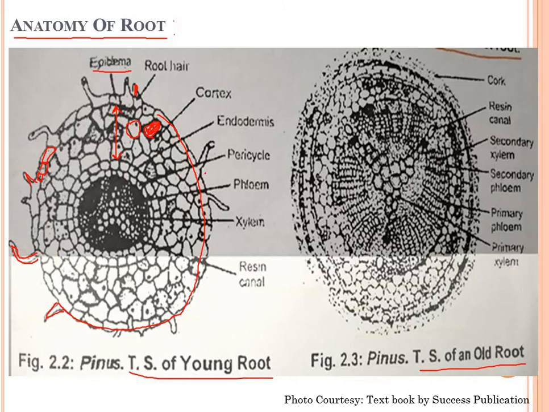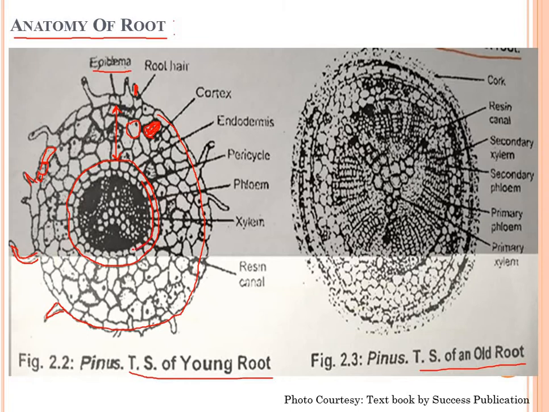Then see the third layer from outside, it is the endodermis. Inside the cortex, single layered or multi-layered endodermis is present. This is the endodermis. Endodermis is made up of endodermal cells. Then it is followed by pericycle.